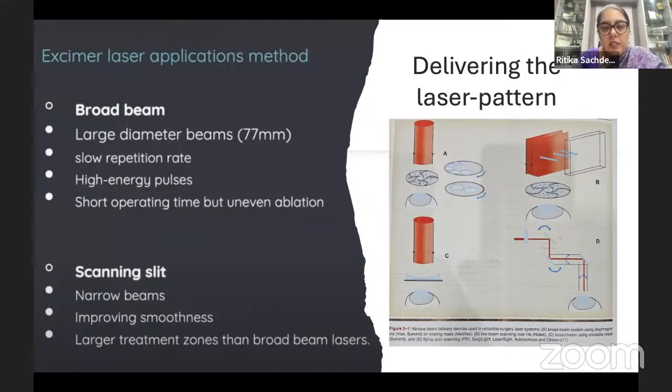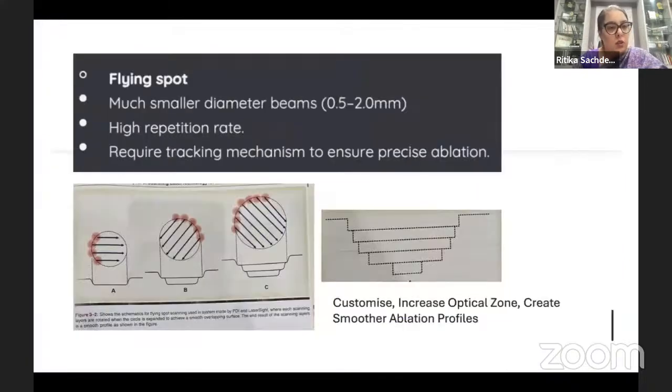These had slower repetition rates, and a higher amount of area was being corrected, and therefore you were creating uneven ablation patterns because the larger the spot or the beam, the less precise or less customized you can make the correction. This then moved to narrower beams with scanning slit, which improved the smoothness of the correction. And it also allowed you to then create transition zones and move to larger treatment zones.